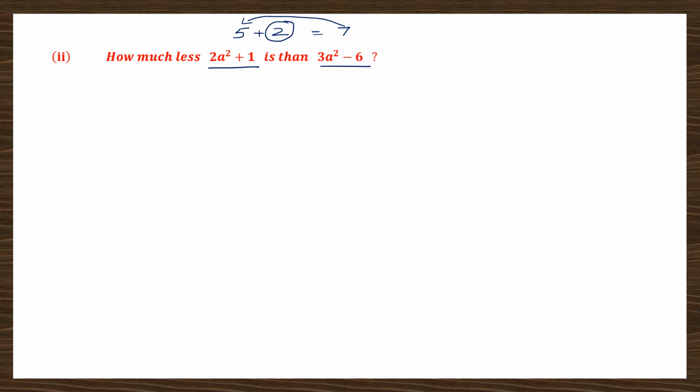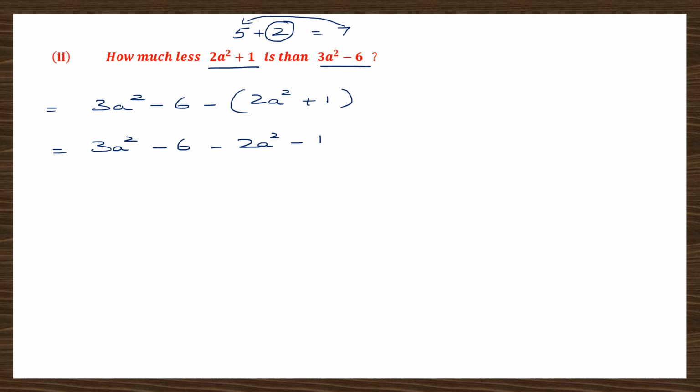So let's write this. 3a square minus 6, and subtract the first one, 2a square plus 1. So now let's remove brackets. 3a square minus 6. Now since we have minus before the bracket, change all the signs inside. So it becomes minus 2a square minus 1.